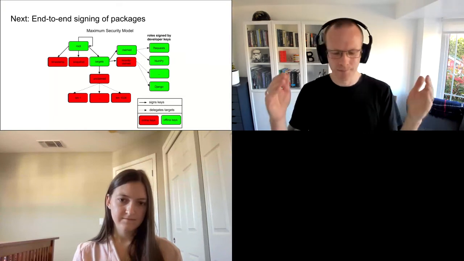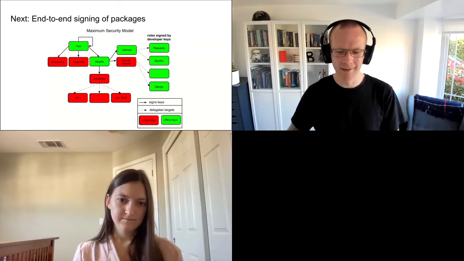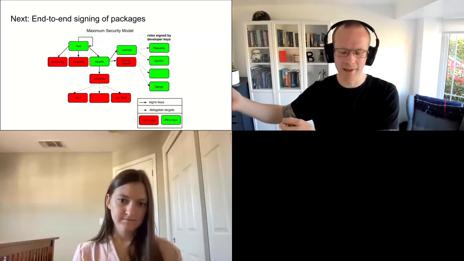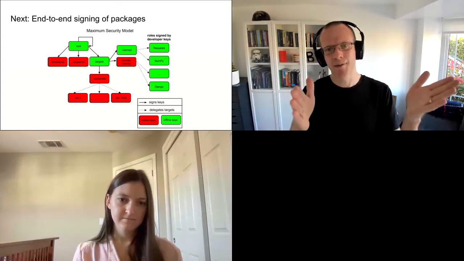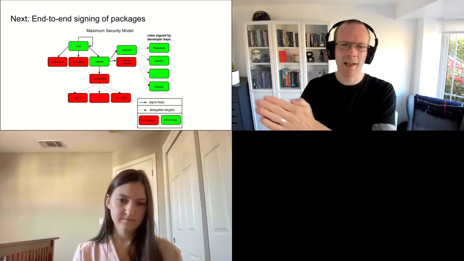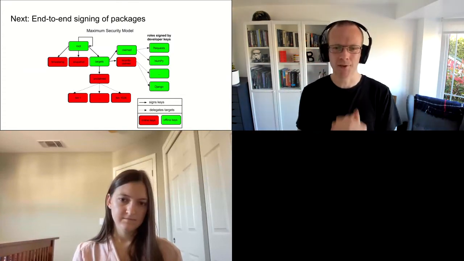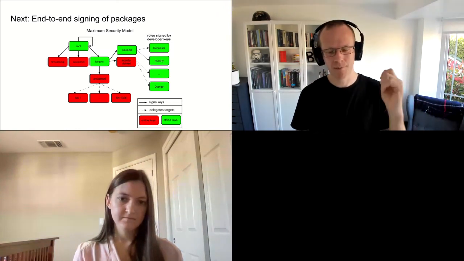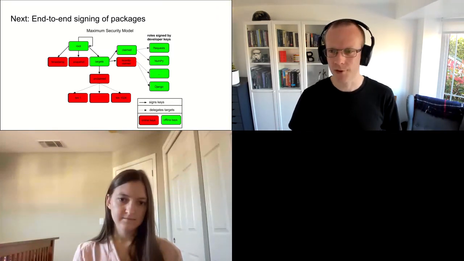This is mainly to prevent an operator having to sign every time a new delegation happens: going and getting the offline key out of the safe deposit box, plugging it into the system, and signing that delegation. Instead, your original delegation can be signed for by an online key, and then periodically, say once a month, an operator can come along and authorize a bunch of delegations with an offline key, increasing that protection by being protected by an offline key without making too significant an overhead for the people operating the infrastructure.